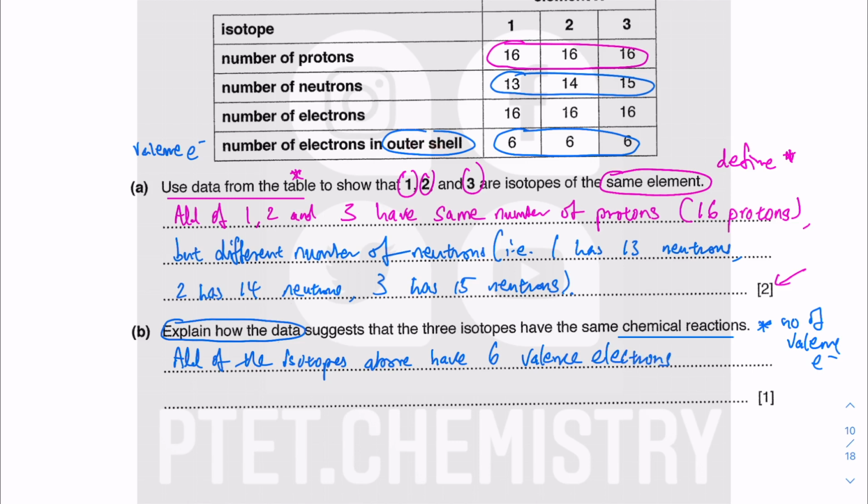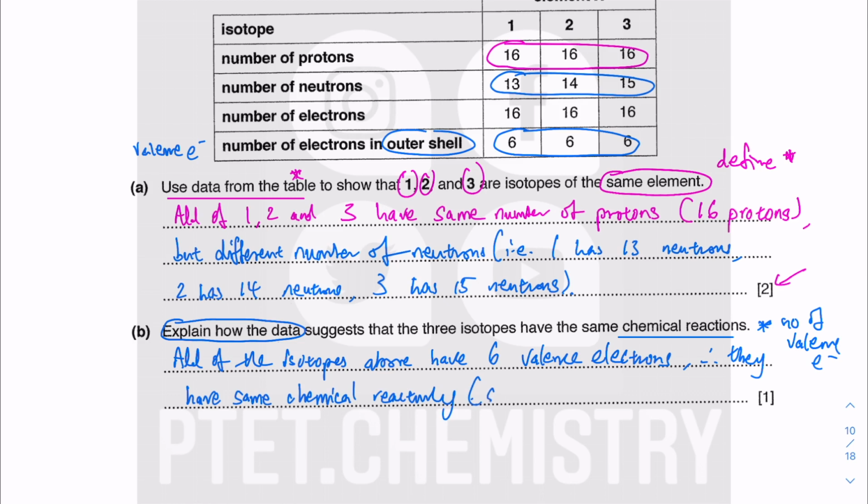I know the number of valence electrons refers to the electrons in the outer shell. Therefore, I'm kind of repeating the question here really, but anyway, they show the same chemical reactivity because of the same electronic configuration.